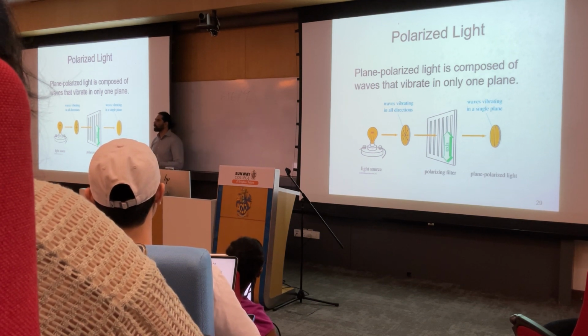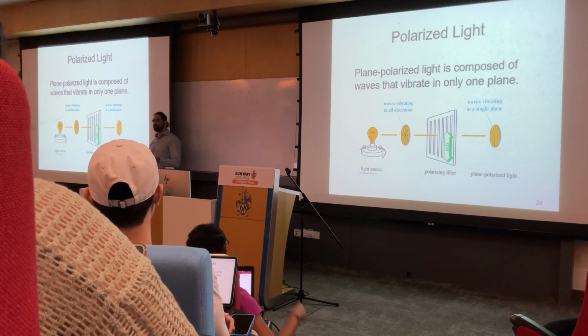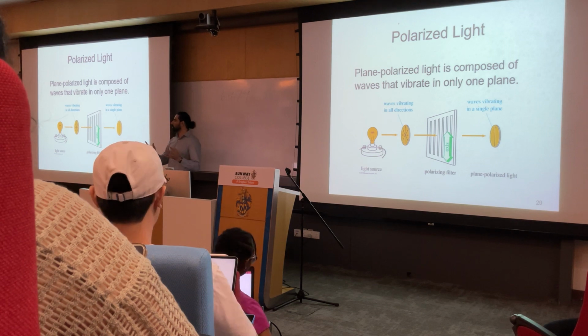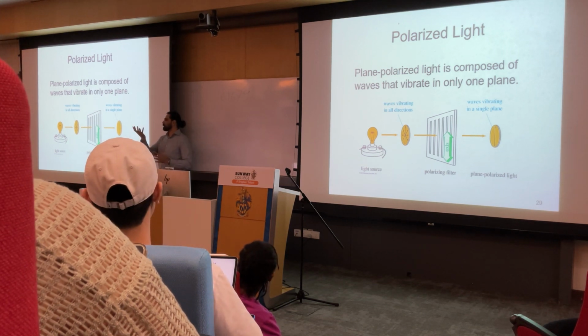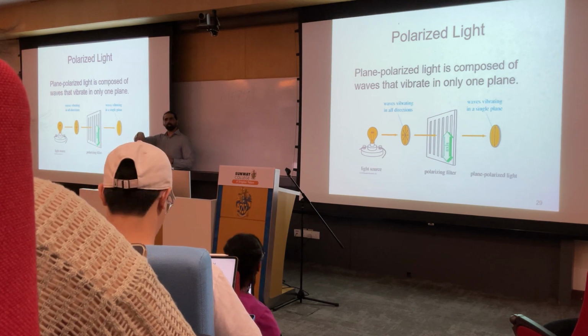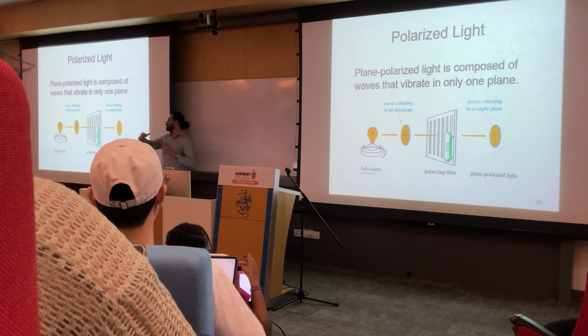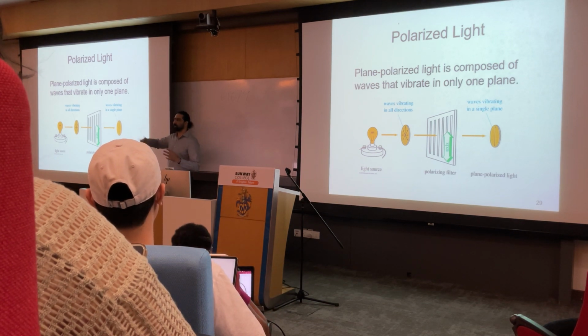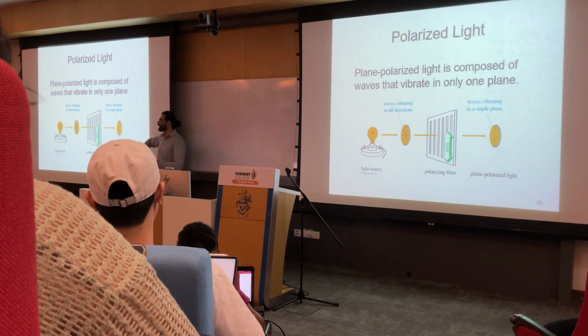To do that, we use an instrument called a polarimeter. The polarimeter converts normal light into plane polarized light, because that's its name. You can put a prism or specific glasses which can convert the ordinary light, which is revolving in multiple planes, and you can polarize that light into a single plane.